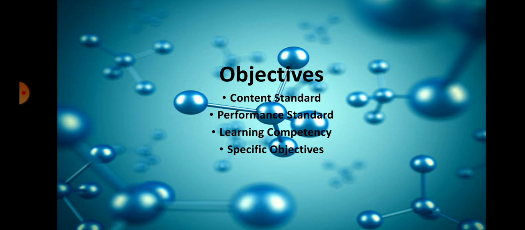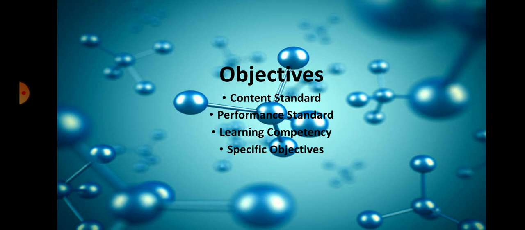For the performance standard, using any form of media, present chemical reactions involved in biological and industrial processes affecting life and the environment. For the learning competency, apply the principles of conservation of mass to chemical reactions.